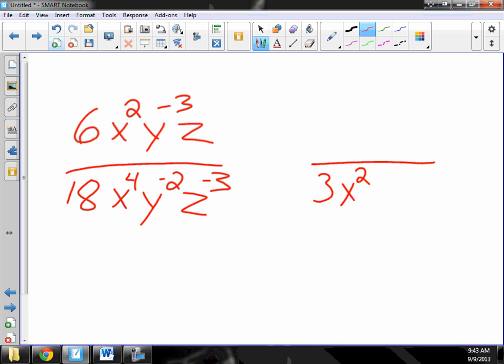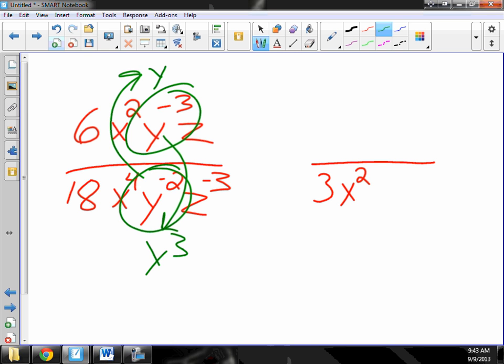What about my y's? They need to switch. So I'm going to bring this one down here to get y to the third. I'm going to take this one to the top and get y squared. So when they fight it out, I'll have 1 left in the bottom. What about my z's? The -3 becomes a +3. And now they're not fighting, but they're working together.